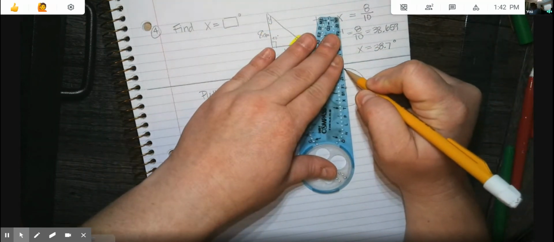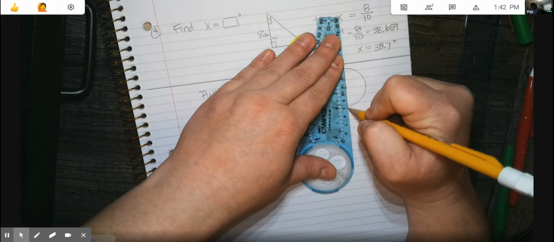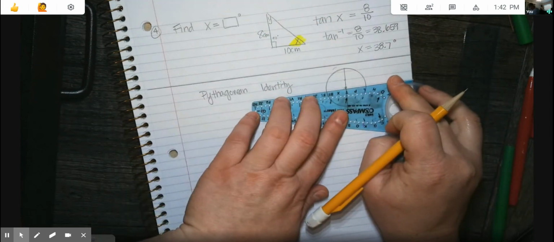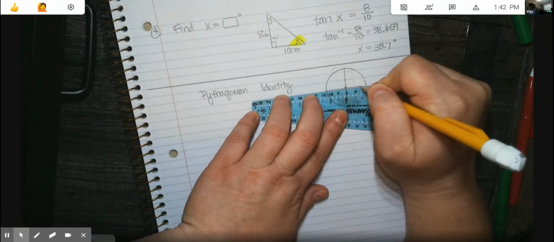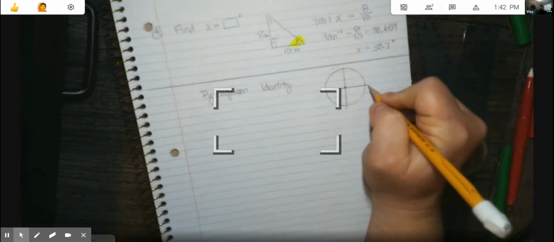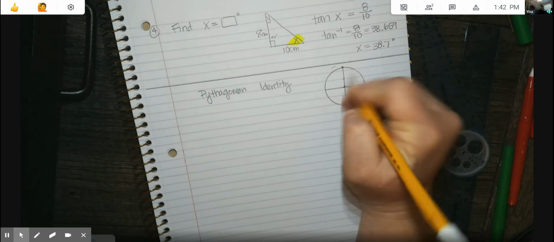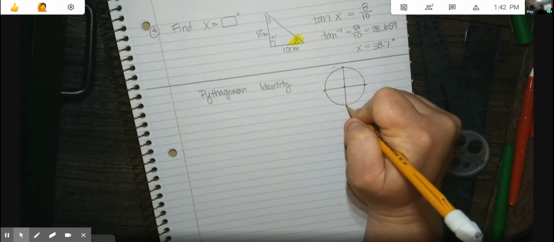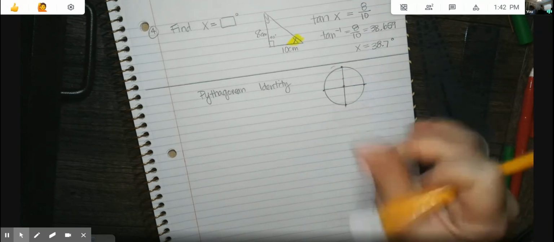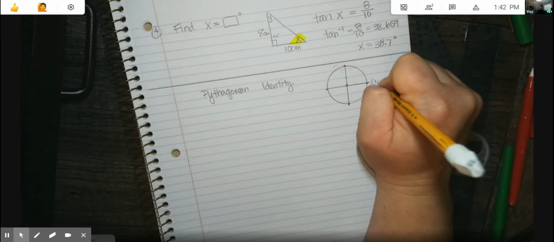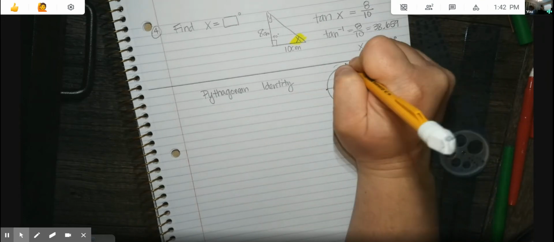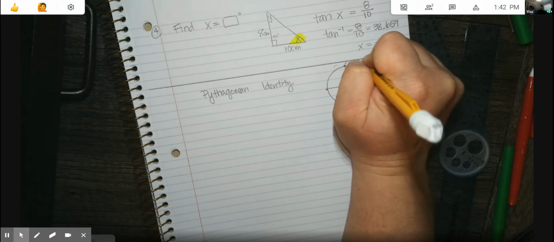So it's saying, look, if we have quadrants going through any circle, and we call this the unit circle, and the distance from here to here is 1, and the distance from here to here is 1, this is called the unit circle. So this point would be the equivalent of 1, 0, and this point up here would be the equivalent of 0, 1.